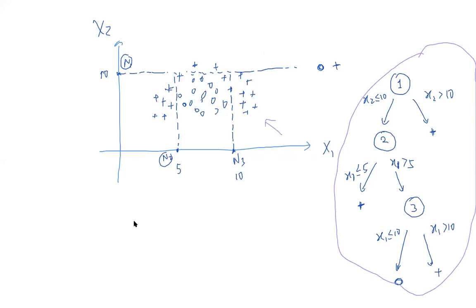Okay. Now, of course, to simplify the matter, I only use 2 variables. But in fact, you can have multiple variables like x1, x2, x3. When you have x1, x2, x3, basically the situation is like this. So you basically have a plane like this, and let's say this is a plane x1 against x2.